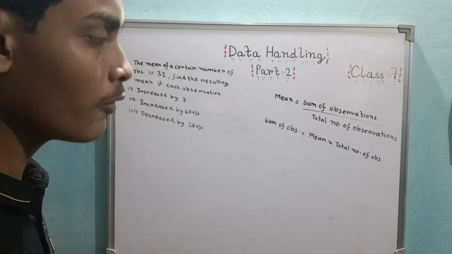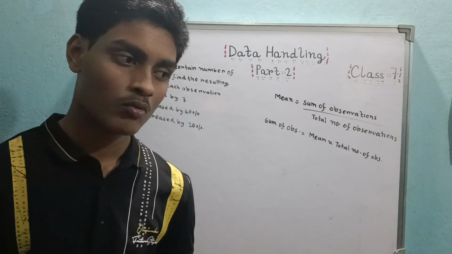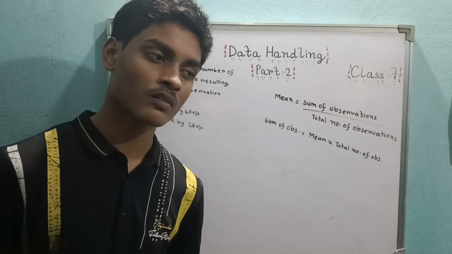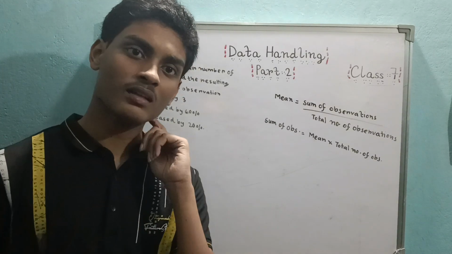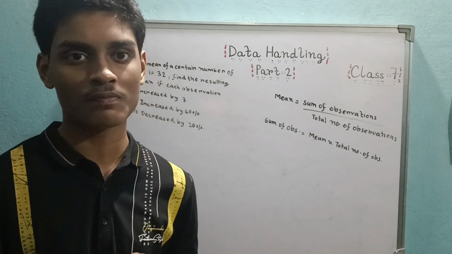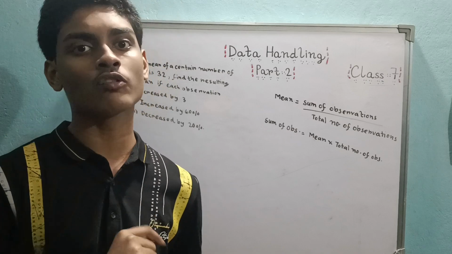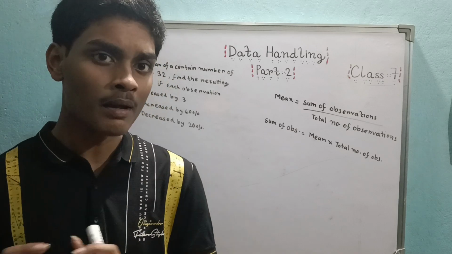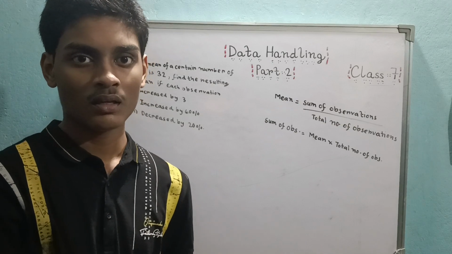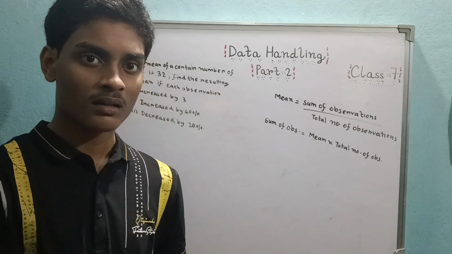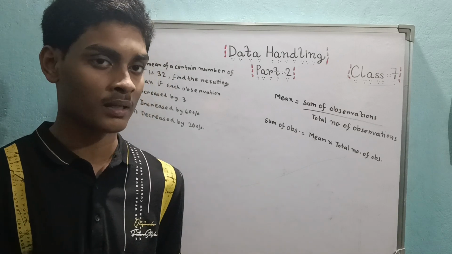Suppose the mean of the first 5 natural numbers, 1 2 3 4 5, is 15 by 5, 3, and you increase each of those by 3, then the mean will also get increased by 3. Whatever mathematical operation you do on each of the observations, the mean also changes by that same operation. That's the main concept.